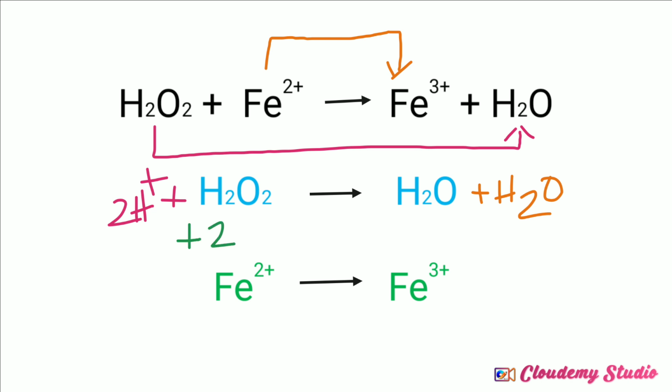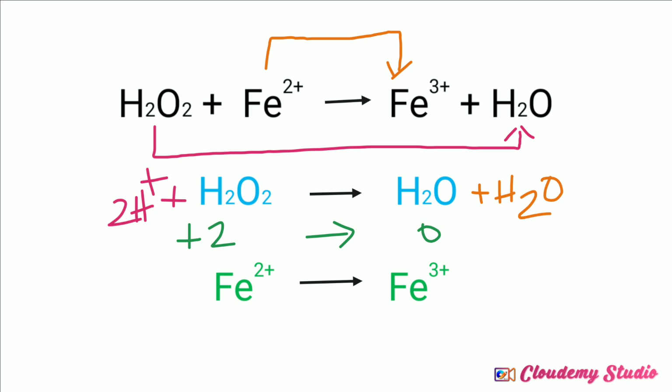Hydrogen peroxide is a neutral compound, therefore no charge. On the right hand side, both are water molecules, neutral compounds, therefore there's no charge. So when we check the charges, the right hand side charge is 0, but the left hand side charge is plus 2.